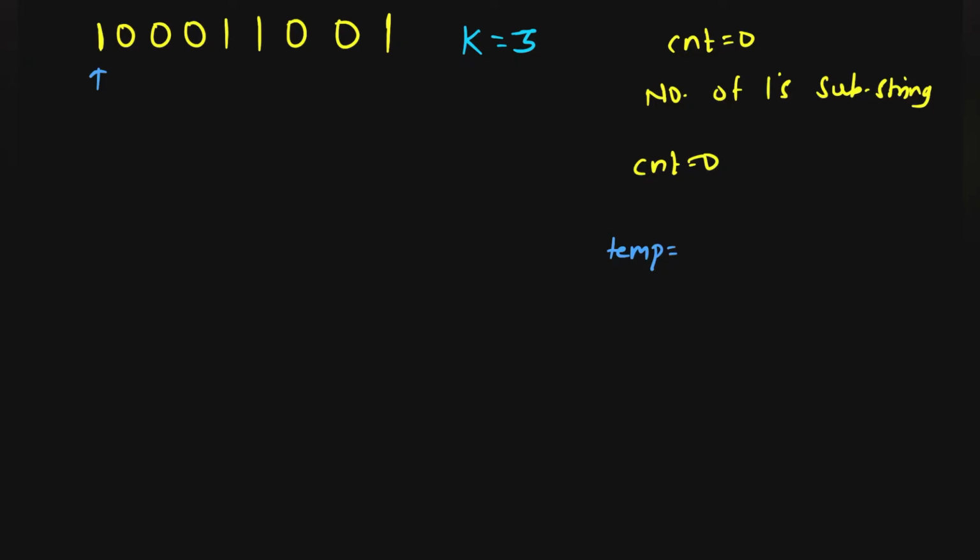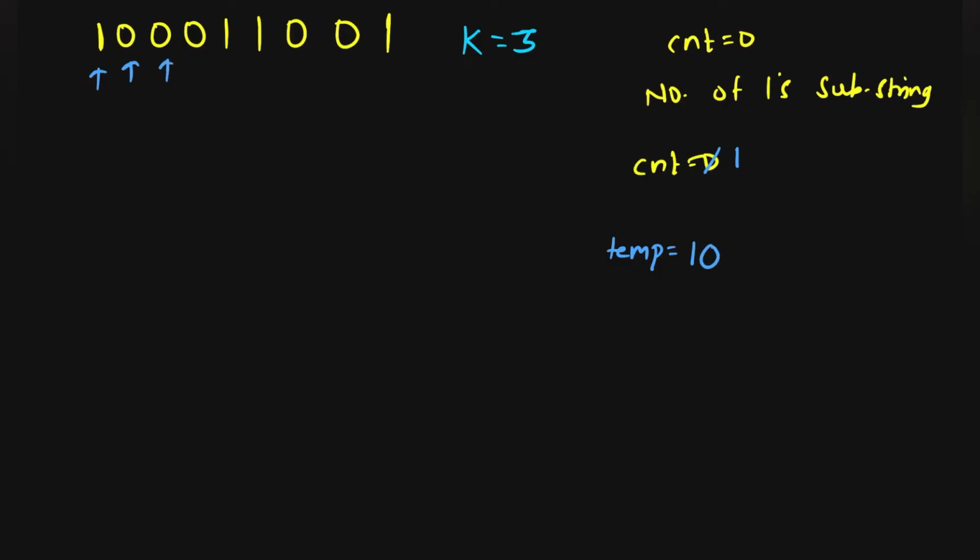I come across a 1, so I increase the counter and insert the 1 in my string. Now I come across 0. Is it equal to 1? No, therefore my counter will not increase, but I will add that 0 to my substring.